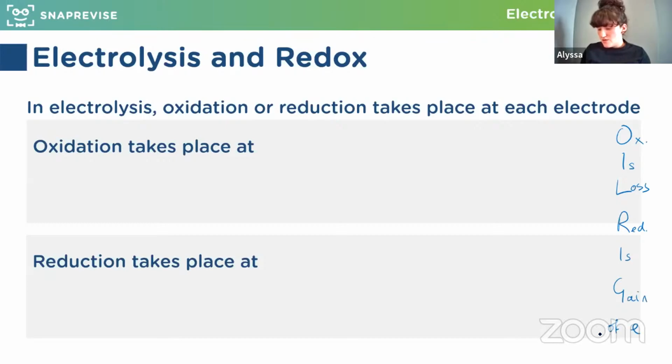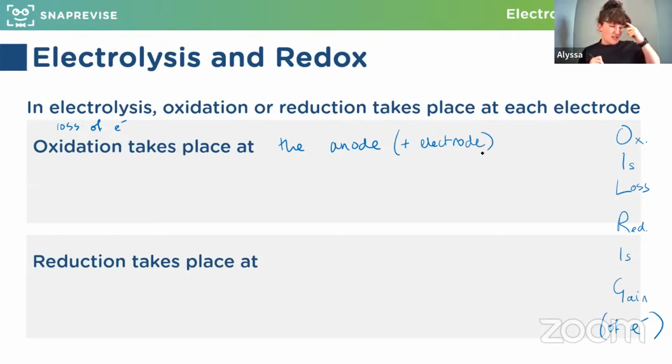Of electrons. So oxidation is loss, reduction is gain of electrons. So oxidation, which is loss of electrons, takes place at the anode, which is positively charged, the positive electrode.